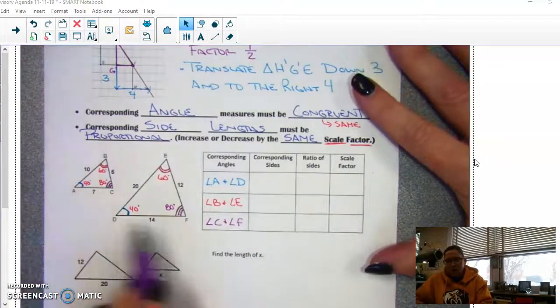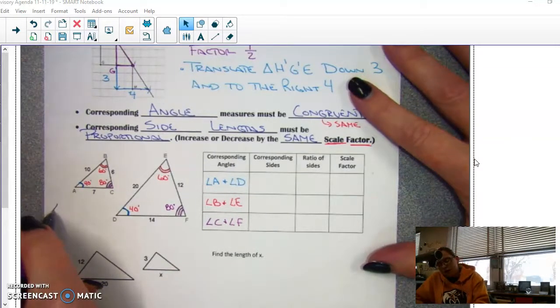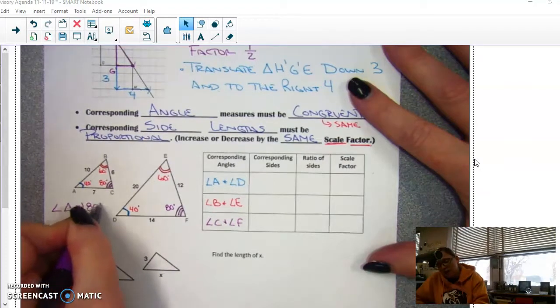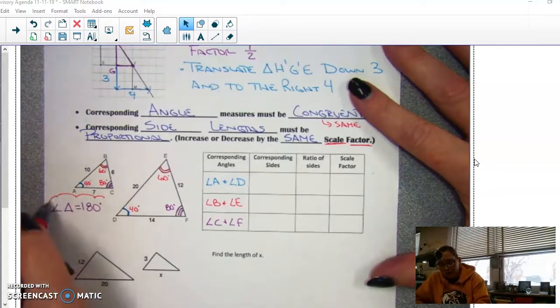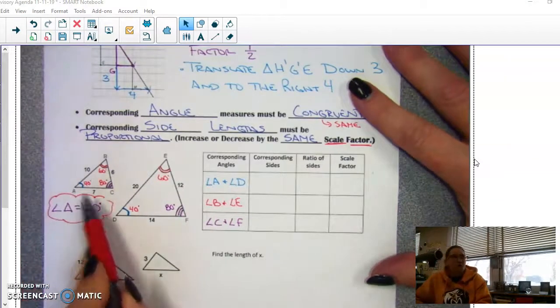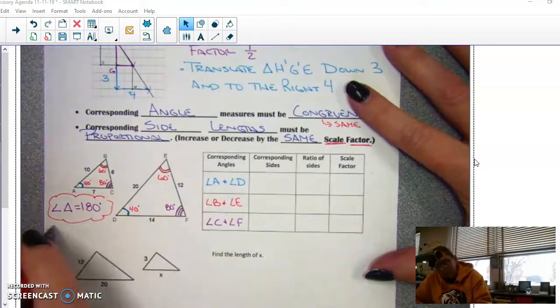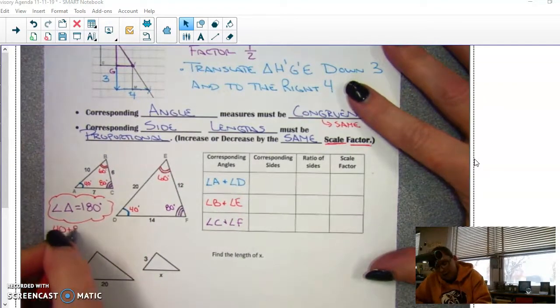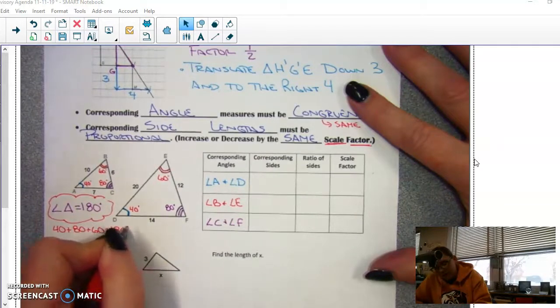And what do we know about the angles of a triangle? The angles of a triangle equal 180. So we want to make a little note about that too, so that we can always double check if we added those up, they should equal 180. 40 plus 80 plus 60 equals 180.